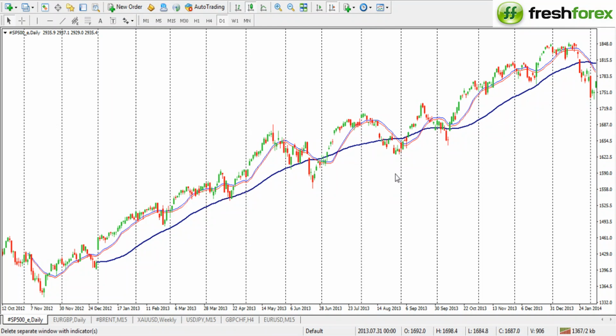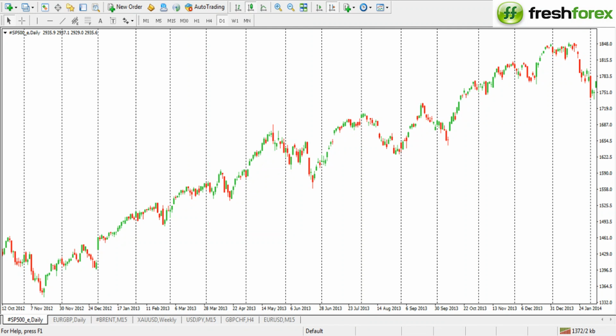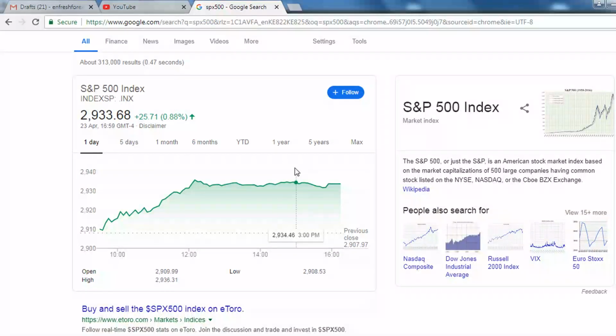Delete everything. What SP500 actually stands for is Standard and Poor's Index. You can check that online. Let me read it. This is how it is online. So this is the chart.